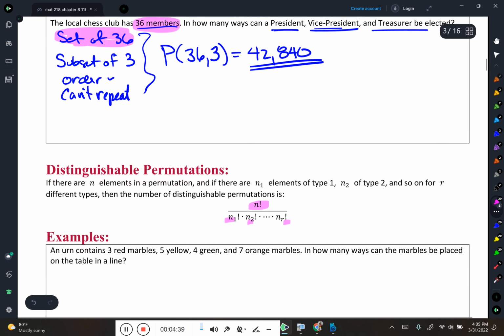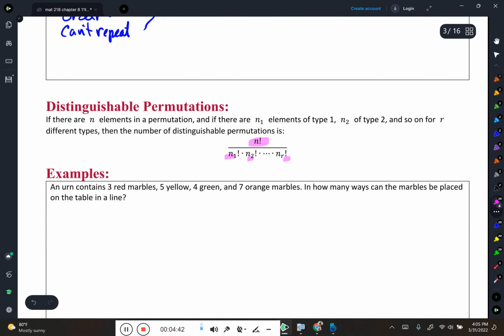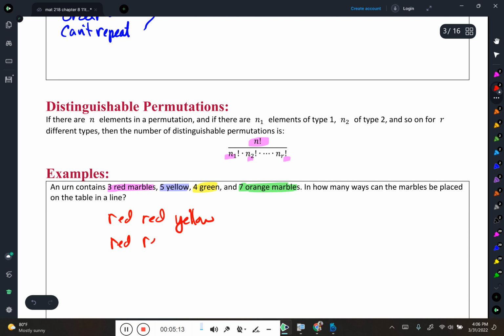But what if I have an urn, and in that urn there are 3 red marbles, and I can't tell those 3 red marbles apart? And there are 5 yellow marbles, and I can't tell those apart. And there are 4 green marbles, and I can't tell those marbles apart. And there are 7 orange marbles, and I can't tell those marbles apart. So if I make an ordering that goes red, red, yellow, is that different from red, red, yellow?